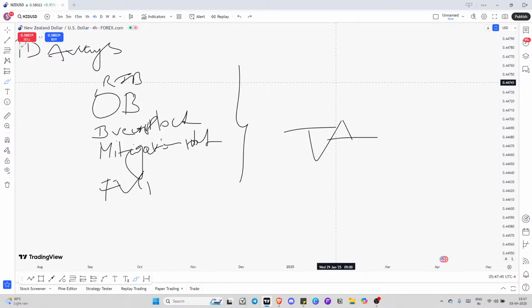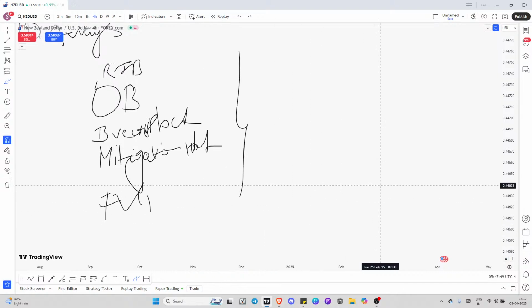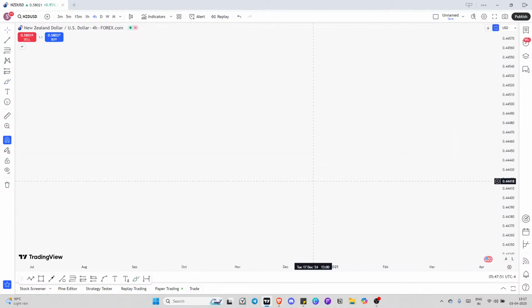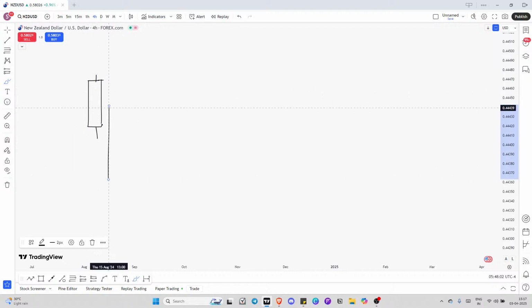So the more the confirmations, the better. All right, so I'll tell you how we can use this in our case. For example, this is a down candle, and this was formed at 1, this was formed at 5, right?